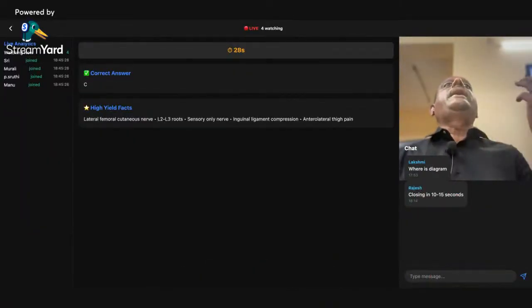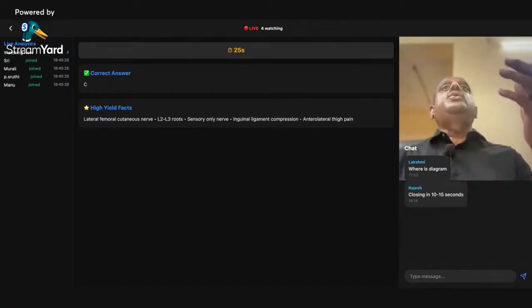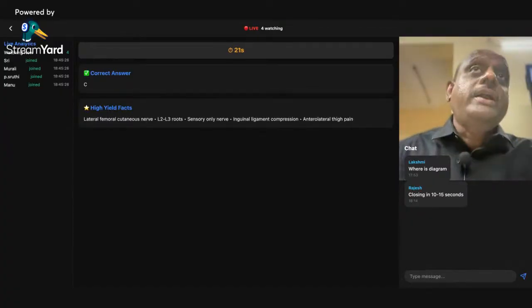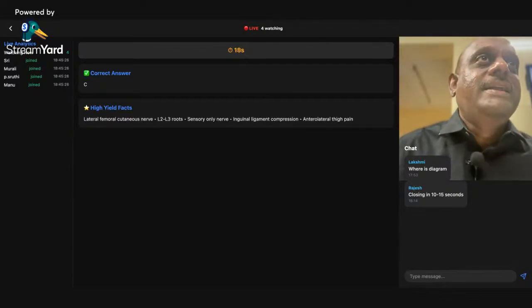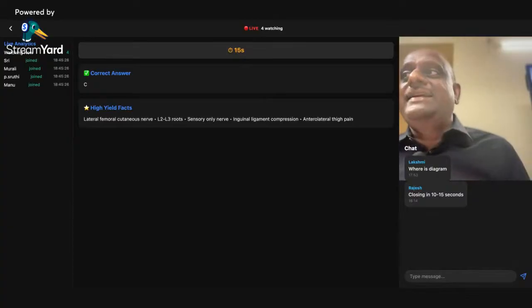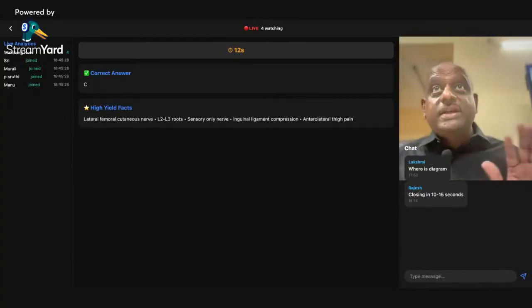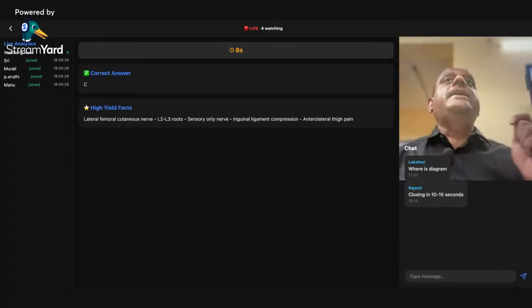Lateral femoral cutaneous nerve. What is the root value, doc? It is L2 to L3 that is responsible. What is characteristic? It is a purely sensory nerve, the lateral femoral cutaneous nerve. That's the reason you don't have any motor weakness at all. So only sensory involvement is the important clue to say it is Meralgia paresthetica. All right.